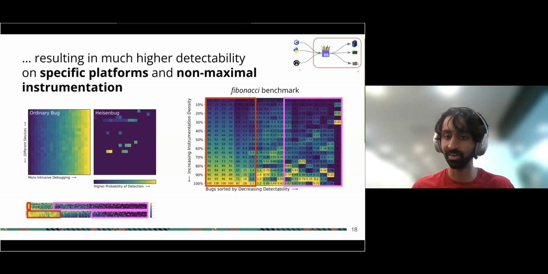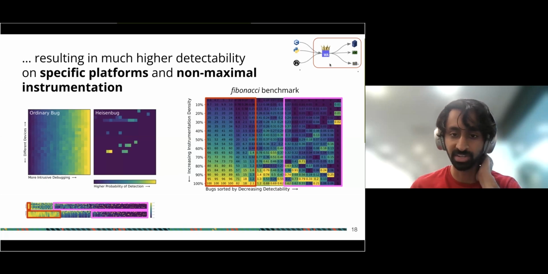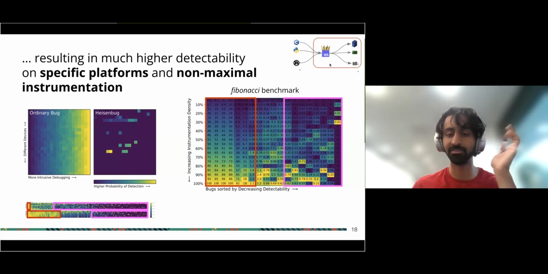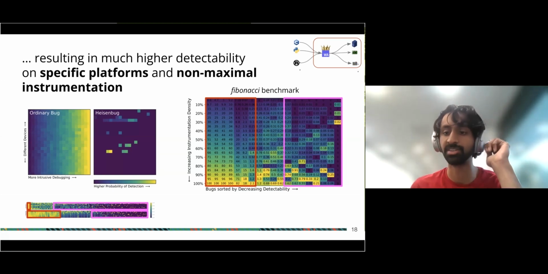Zooming in on one specific benchmark we used, we can see this in more detail with some numbers, with the uniformly observable bugs on the left and the non-uniform observability on the right. We can see strong peaks at, say, 30% instrumentation density for the final bug on the right.